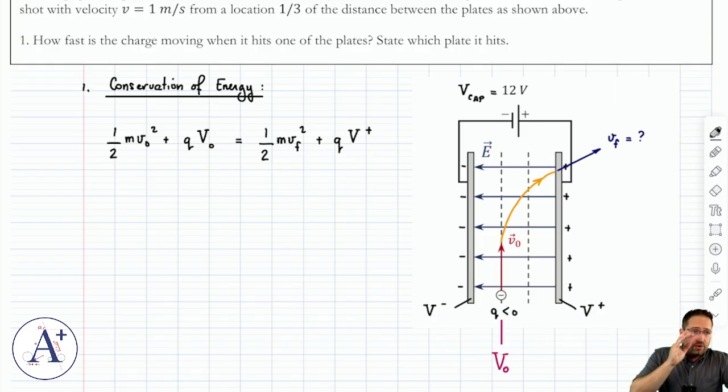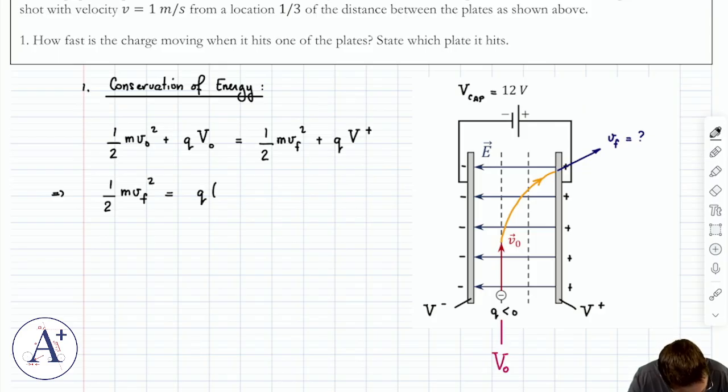So I need to find this, which means that I really need to find V0 minus V plus, because if I rewrite this, it's going to be 1/2 m V final squared is equal to q times V0 minus V plus, plus 1/2 mv0 squared. All right. So I need to figure out what this is.